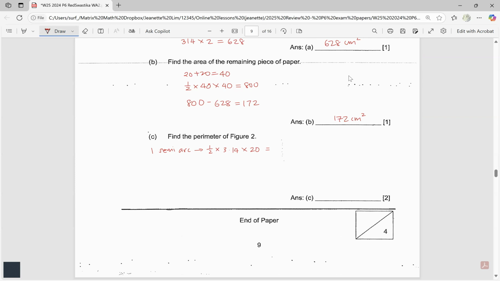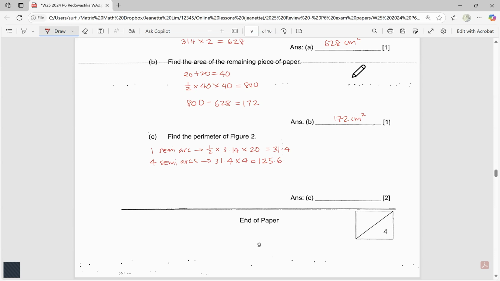Half of 20 is 10, so this becomes 31.4. Then you have four semicircle arcs: 31.4 times 4, which is 125.6.